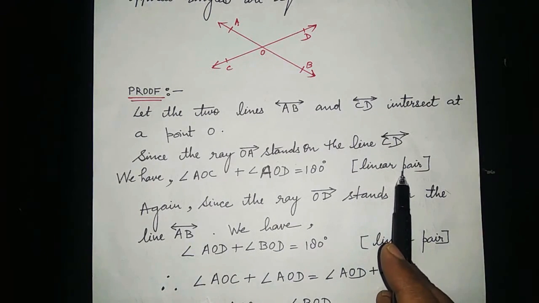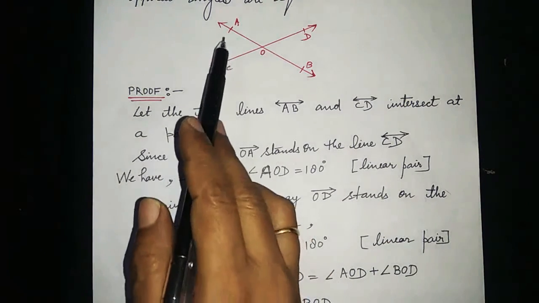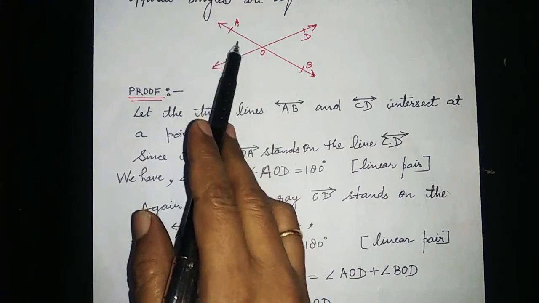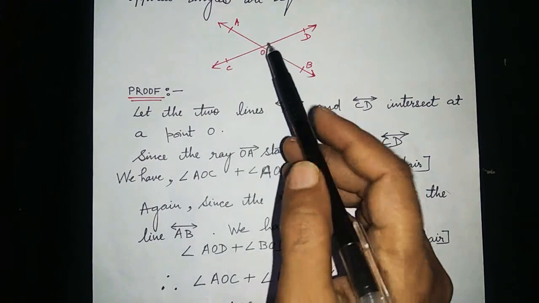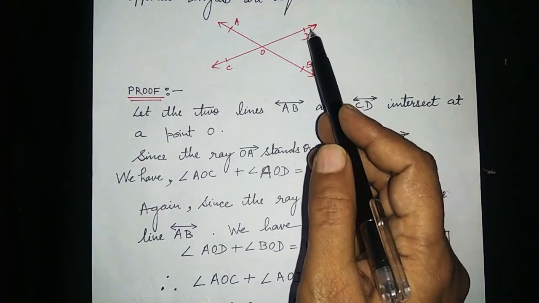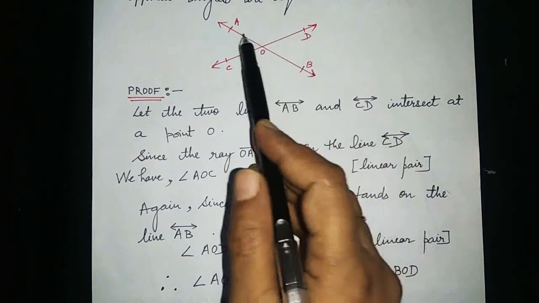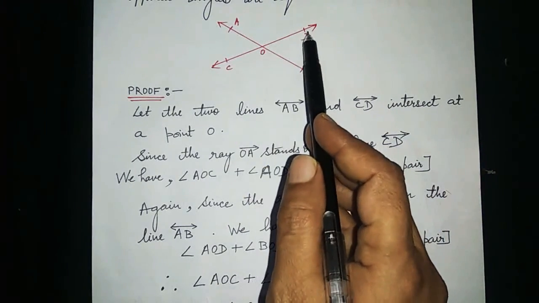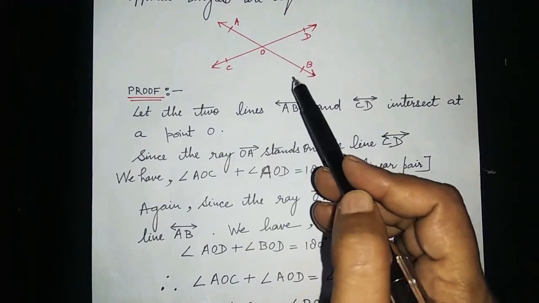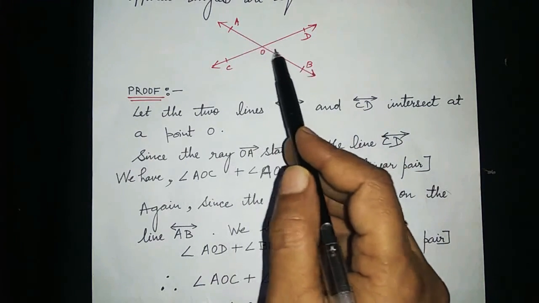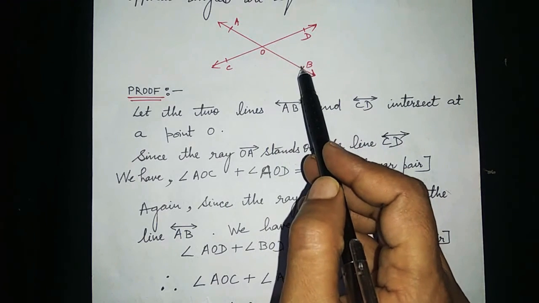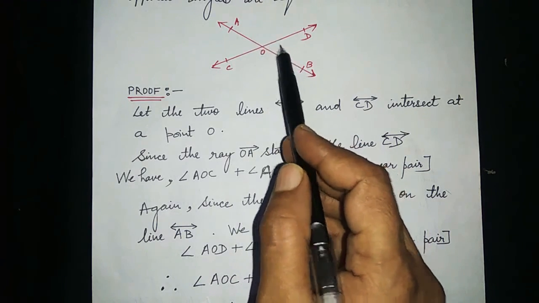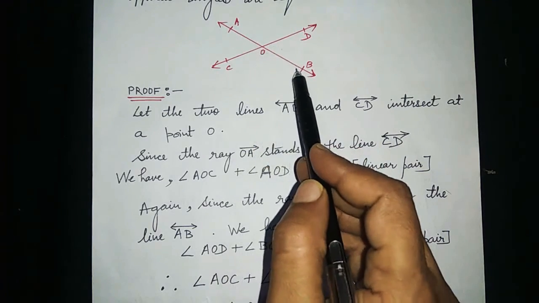Okay, now you will see the line AB. On the line AB you can see the ray OD, and here also you can see two angles, angle AOD and angle DOB. Okay, and the sum of these two angles is also 180 degree, because these both angles are forming on a straight line.